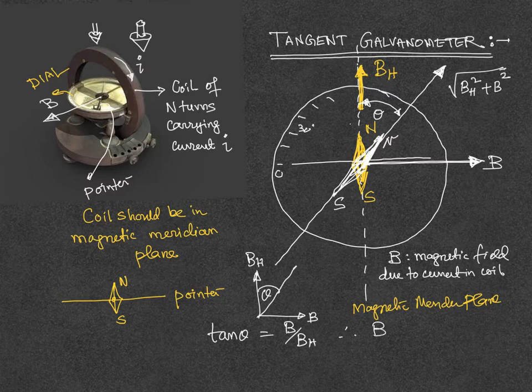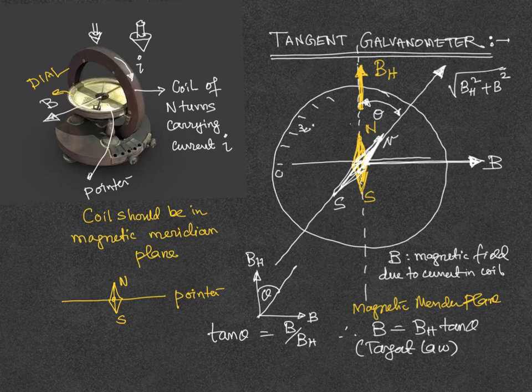Therefore B is equal to BH tan theta. This is known as the tangent law. See, this is the radius of the coil, R. R is the radius of the coil in the vertical plane.